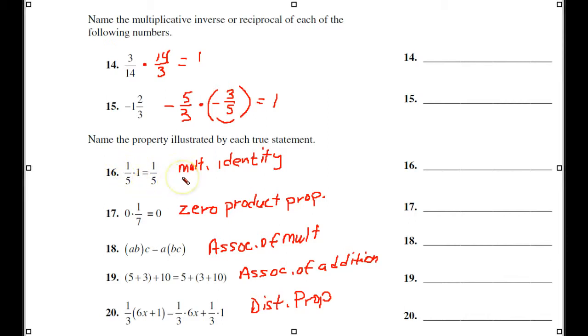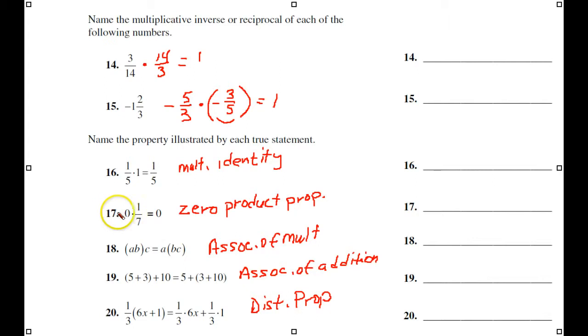This is the multiplicative identity. Now, if we were adding a 0 to something, that's the additive identity, that we can add 0 to anything without changing its value. But we can multiply anything by 1 and not change its value.